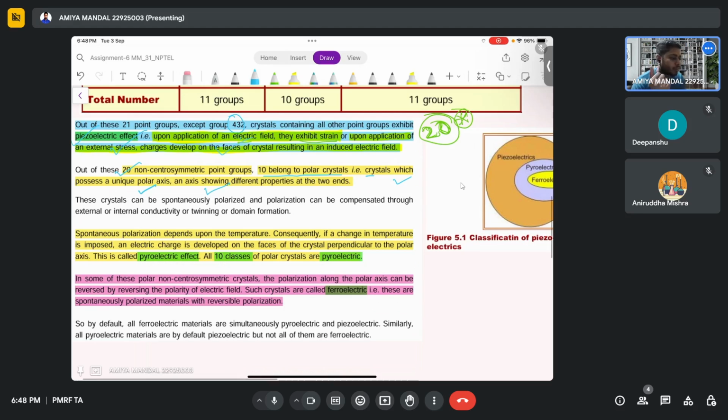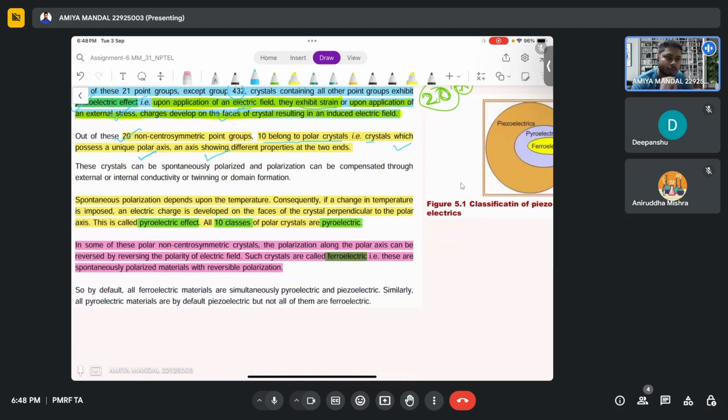These crystals can be spontaneously polarized. That is another topic.